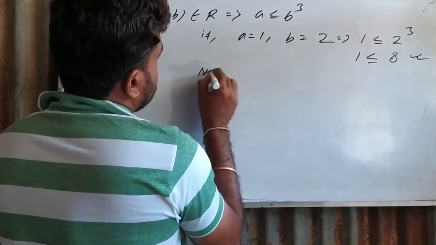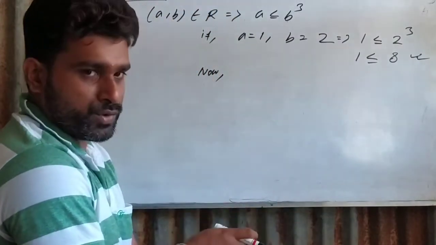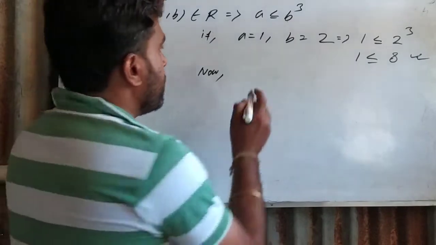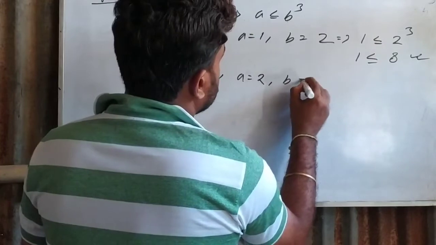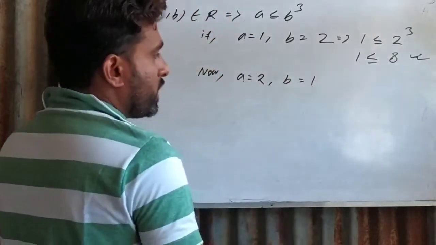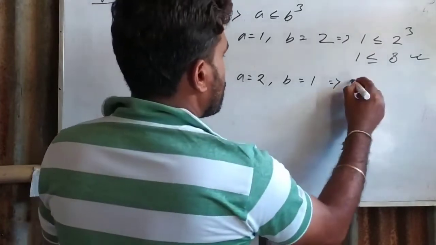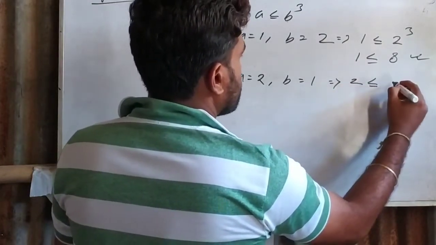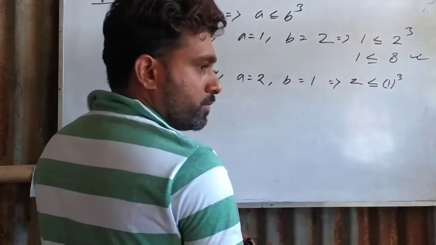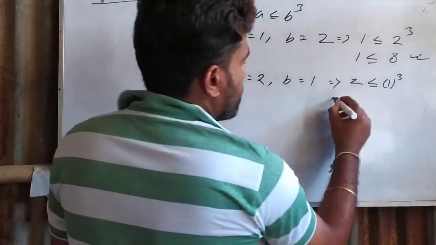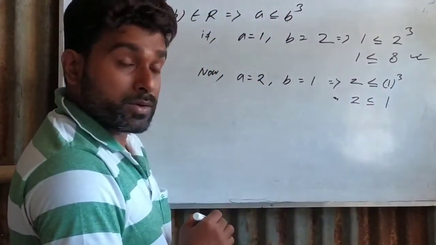Now if you interchange the values of a and b, it means a equals to 2 and b equals to 1. So the condition will become 2 less equals to b cube, which means 1 cube. So 2 less equals to 1. Is it right?